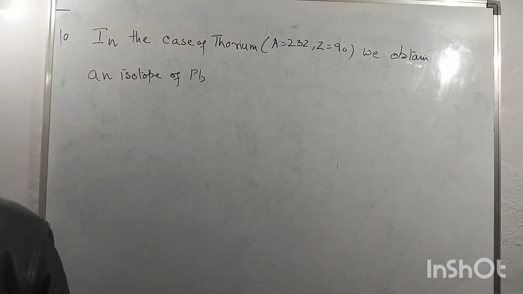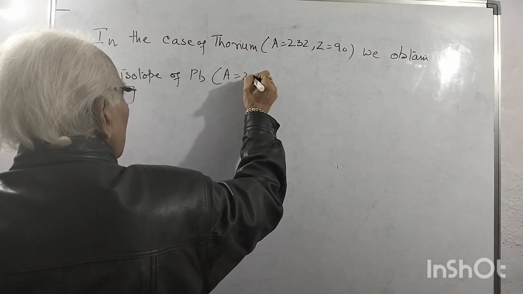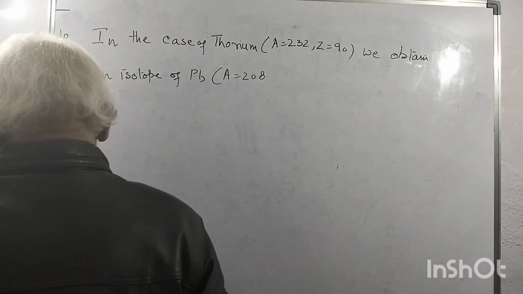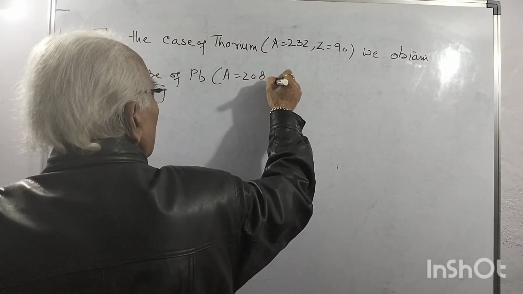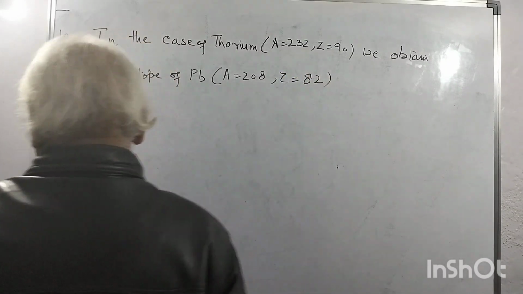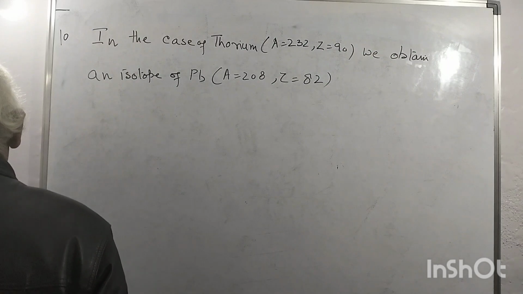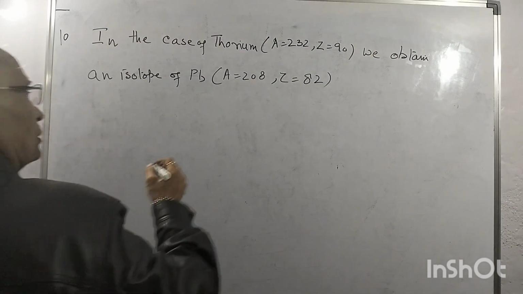What isotope? A is equal to 208 and Z equal to 82. This we got after some radioactivity.